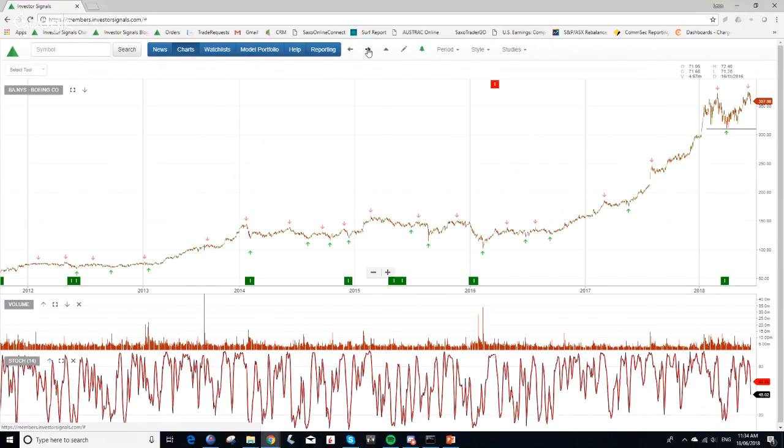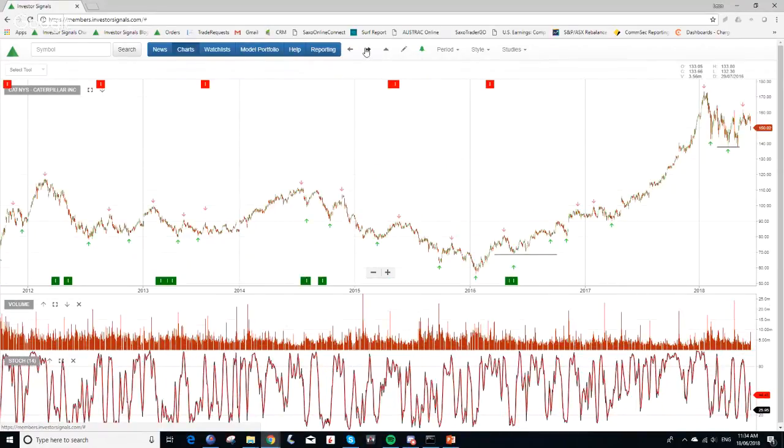So Boeing's been a beneficiary of that. Again, most of these Dow stocks all have fairly significant share buyback programs happening. The last signal we had in Boeing was on the sell-off earlier this year in March at around 310, and the stock's rallied since then. But again, very expensive from a PE standpoint at the moment.